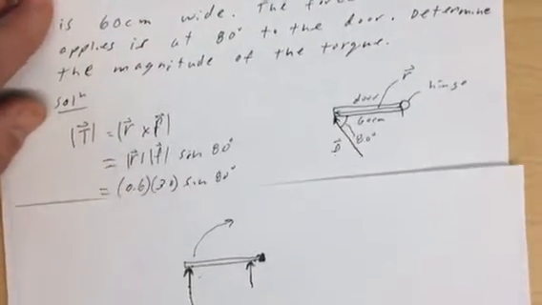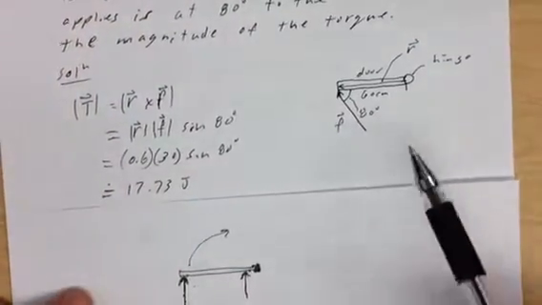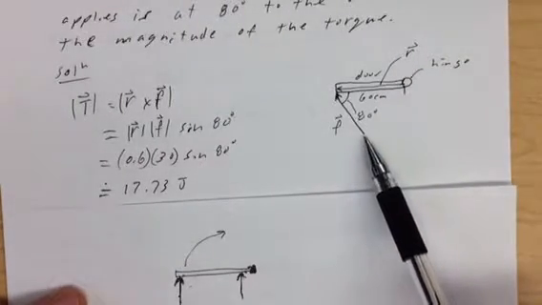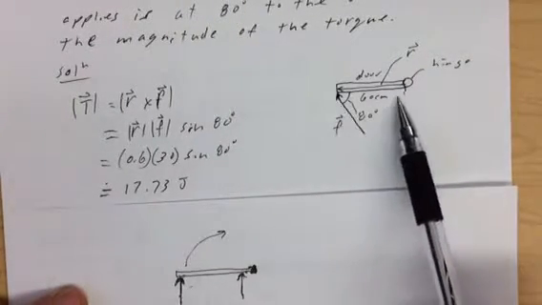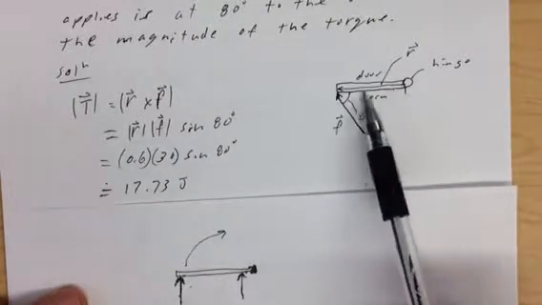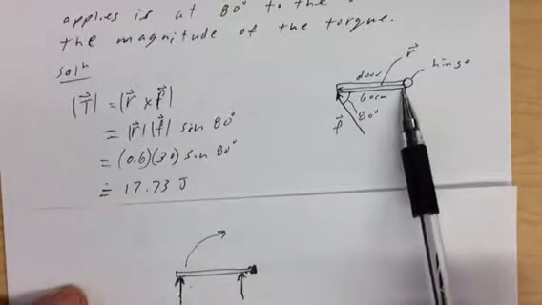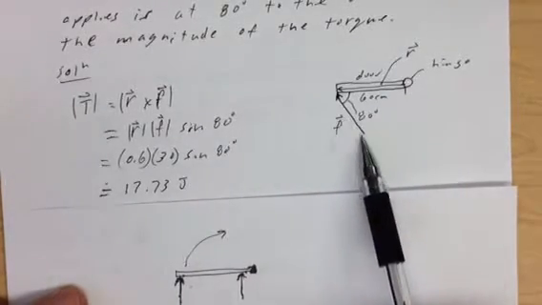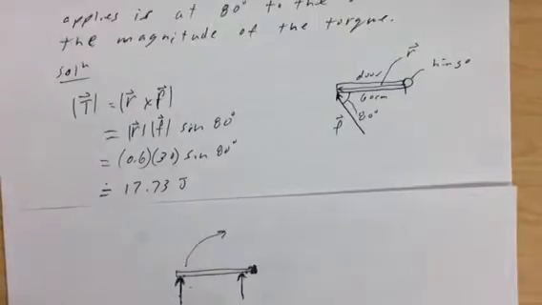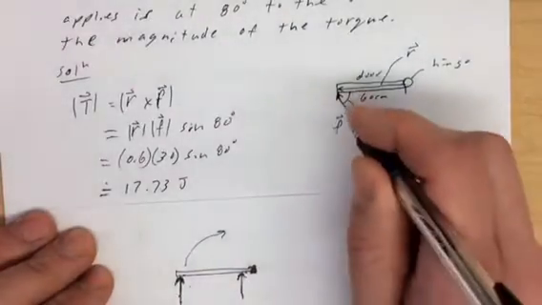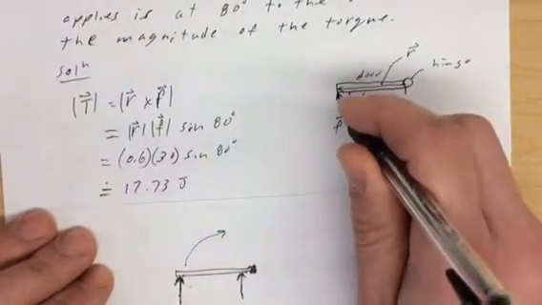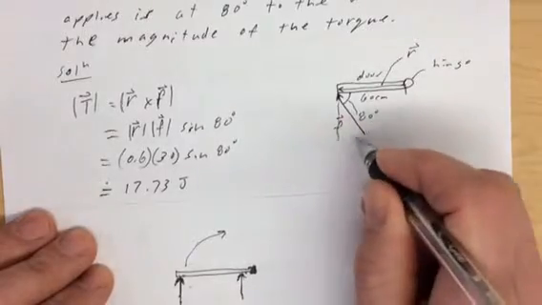So here's the solution. Here's the setup. Basically, if she's pushing like this at 80 degrees, 60 centimeters is the magnitude of the r vector, and the force vector goes like this. So really what you're looking at is the component of that force vector that is perpendicular to the door.